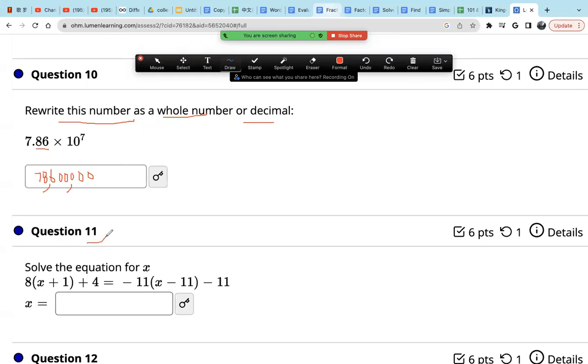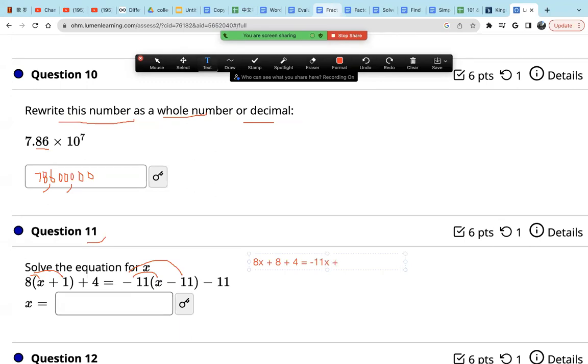Let's see, 11. We want to solve this equation, right? We distribute A, distribute negative 11. Distribute A, we have AX plus 8 plus 4 equals negative 11x.